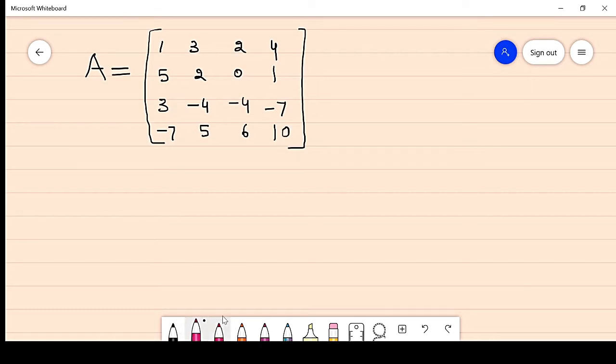To find the row rank, I will reduce this matrix into row echelon form. What do we mean by row echelon form? Take the diagonal entries of the matrix: 1, 2, -4 and 10.